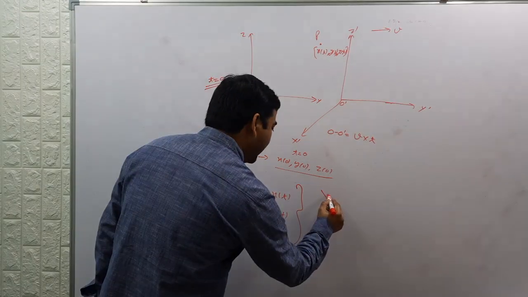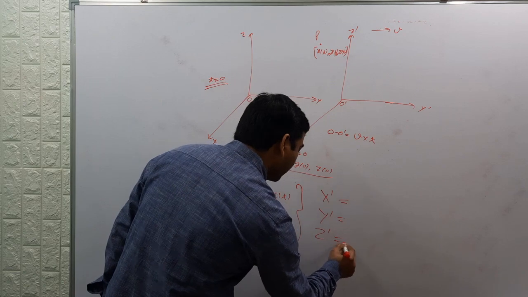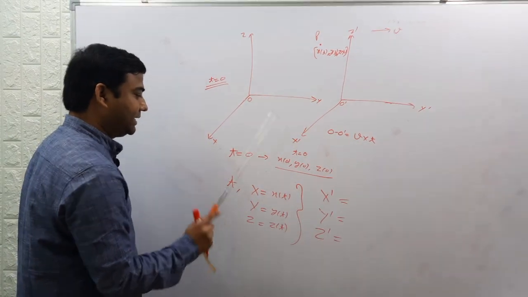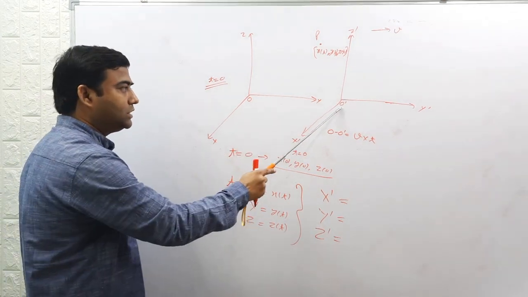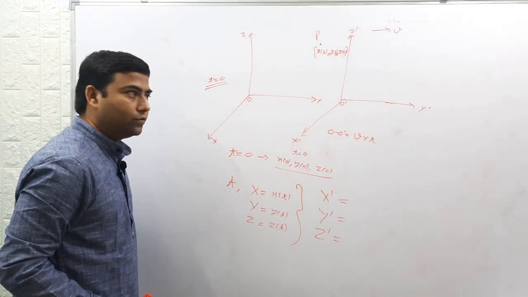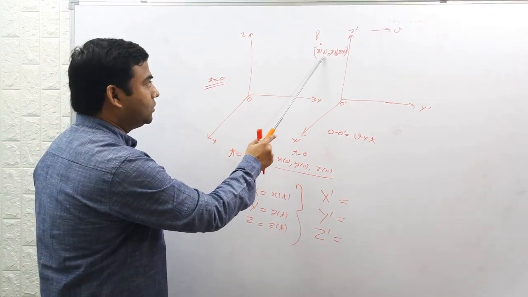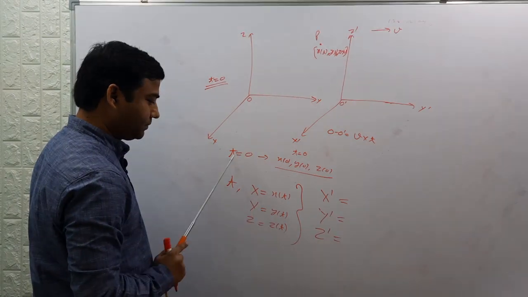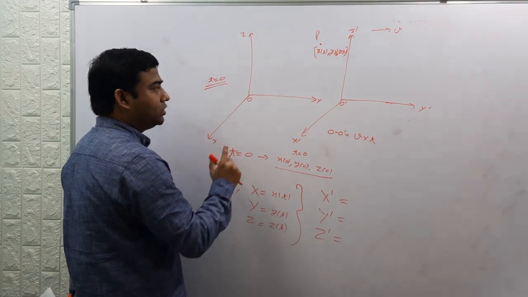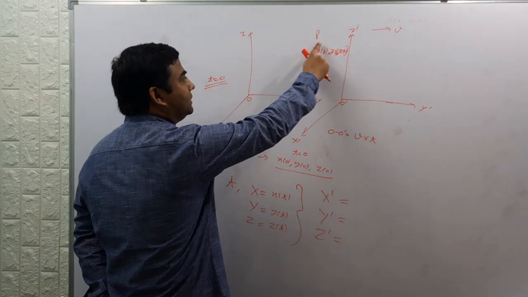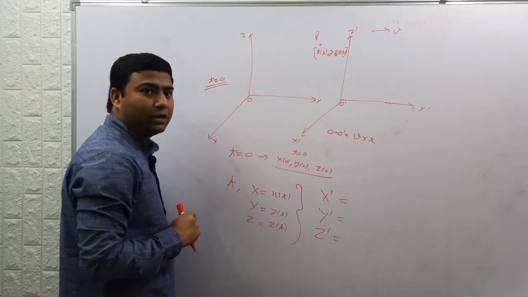So we can say x dash, y dash, z dash are coordinates of the same point in the new reference frame, which is moving with velocity v after time t. After time t, the coordinate of this point in this frame is this. So we can say the x coordinate is nothing but the distance of this point along the x direction.